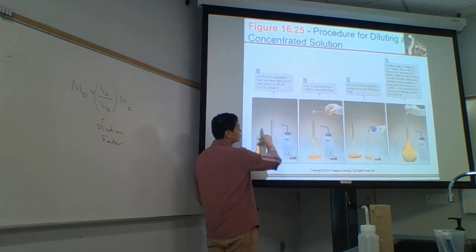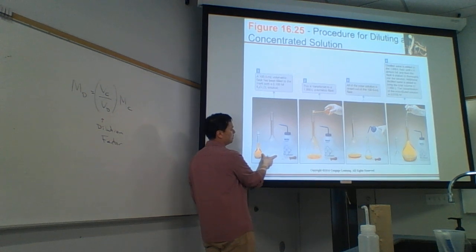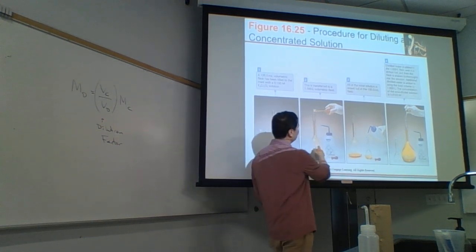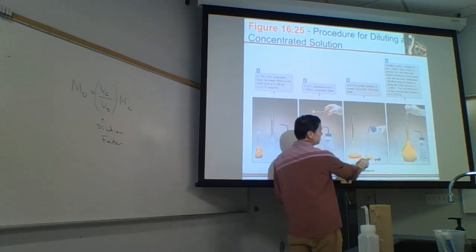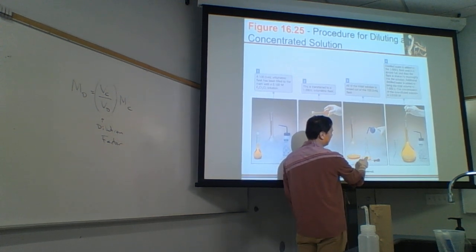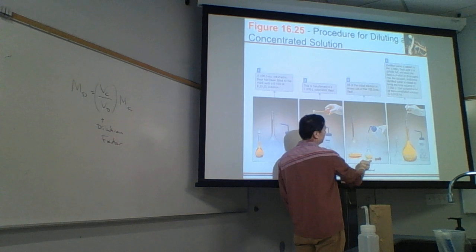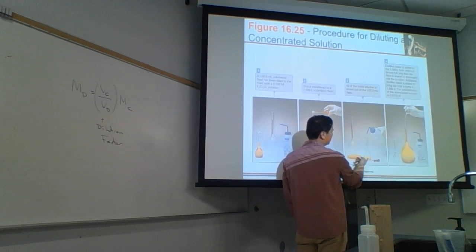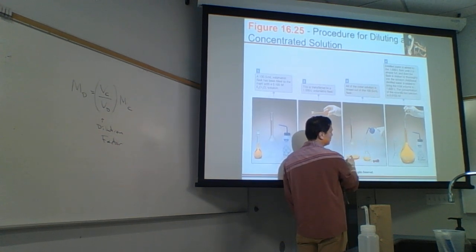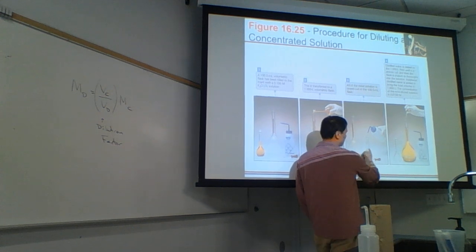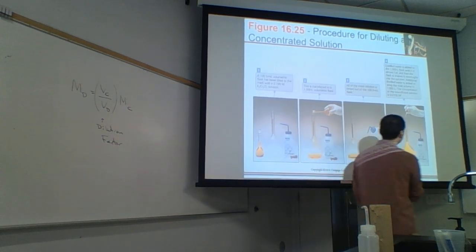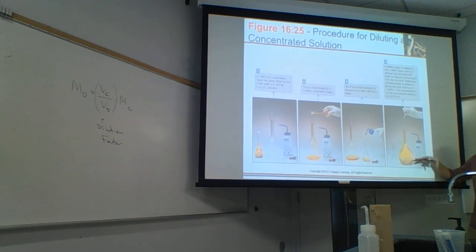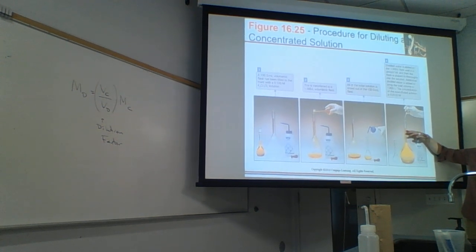So what we're going to do is transfer this 100 milliliters into the big flask. In order to transfer it, you have to make sure you get all of it over there. So what they're doing is rinsing the residue or whatever else is coating the inside surface, so they can transfer 100% of the concentrated in here. Once they transfer 100% of the concentrated, they'll just keep adding water until they get to the next calibration mark.